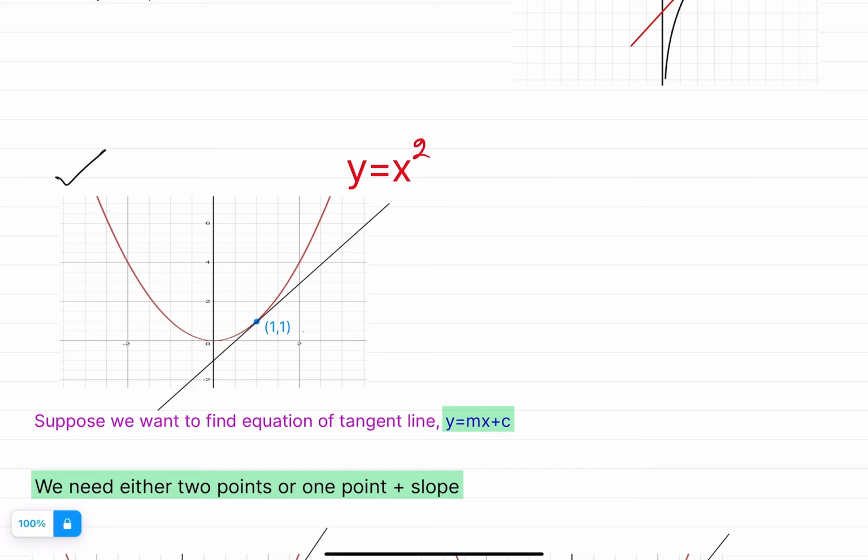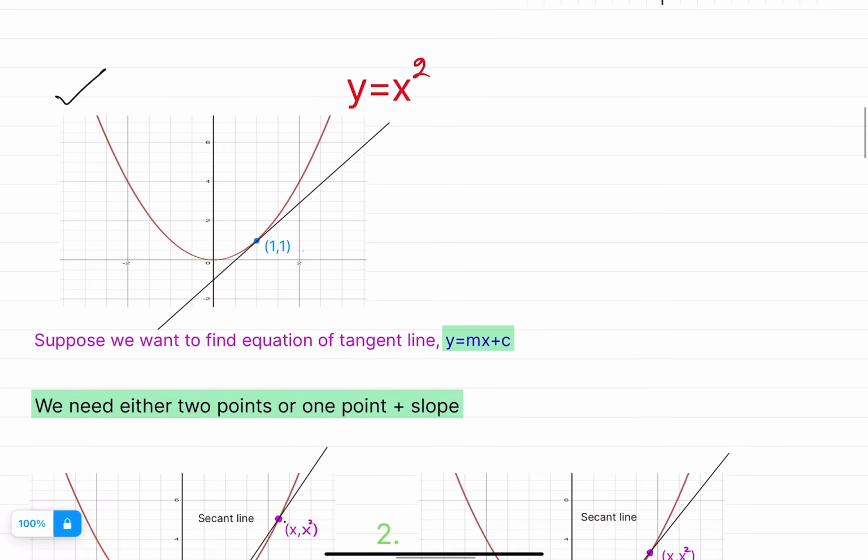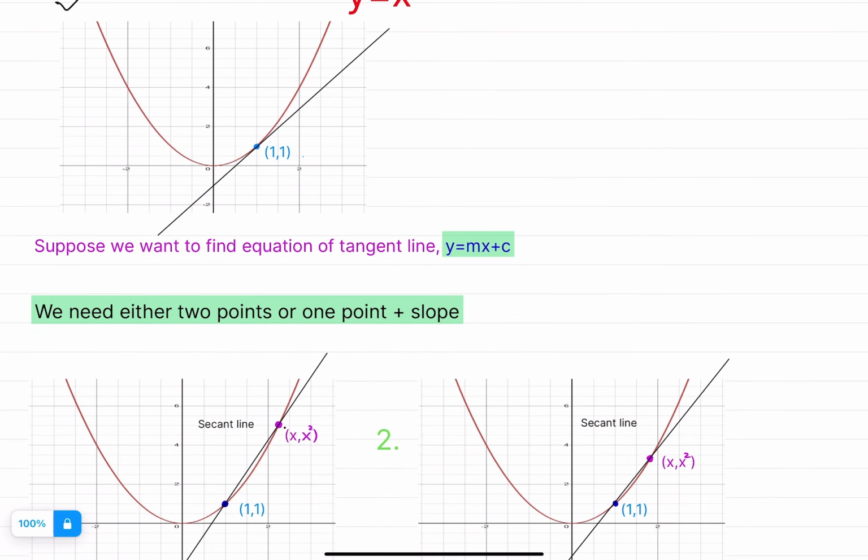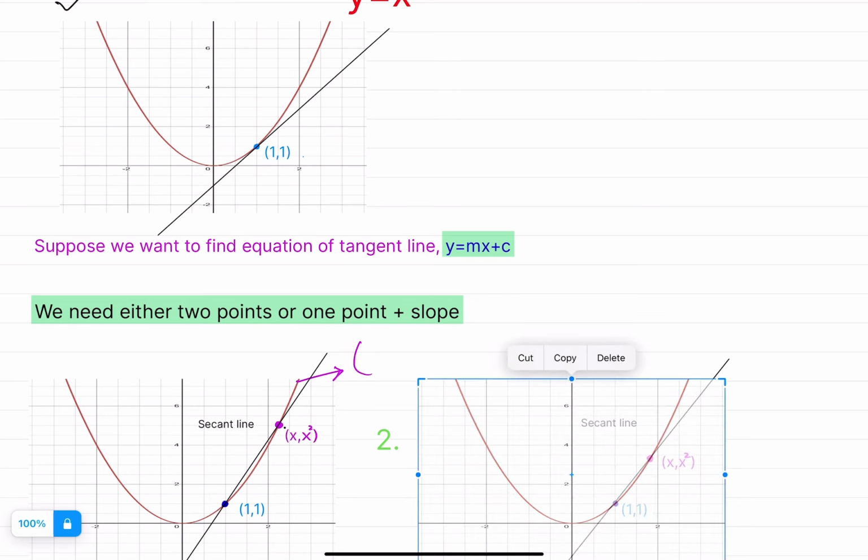This is the condition to find a tangent line. Now, what we can do is, we will take an arbitrary point on this curve. We know that any point on this curve will be, for example, x.